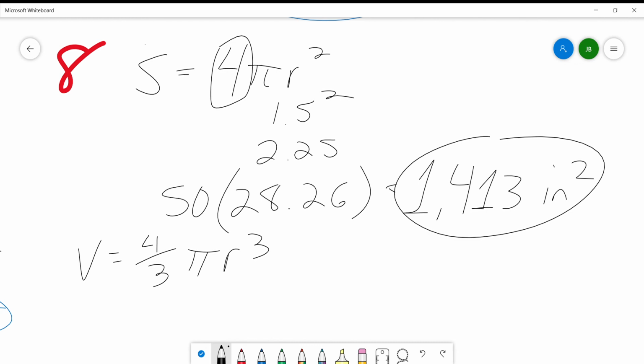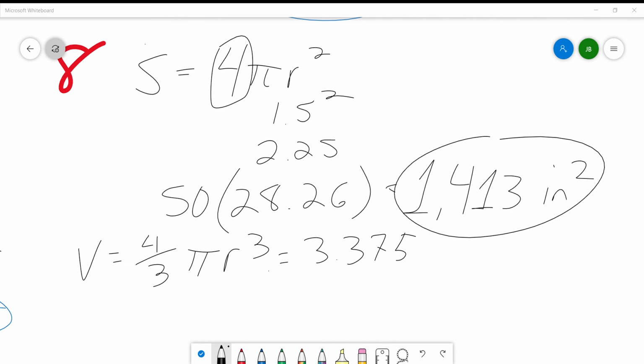So again, my r is 1.5. 1.5 times 1.5 times 1.5 equals 3.375 times 4 equals 13.5 times 3.14 equals 42.39 divided by 3, because it's 4/3.